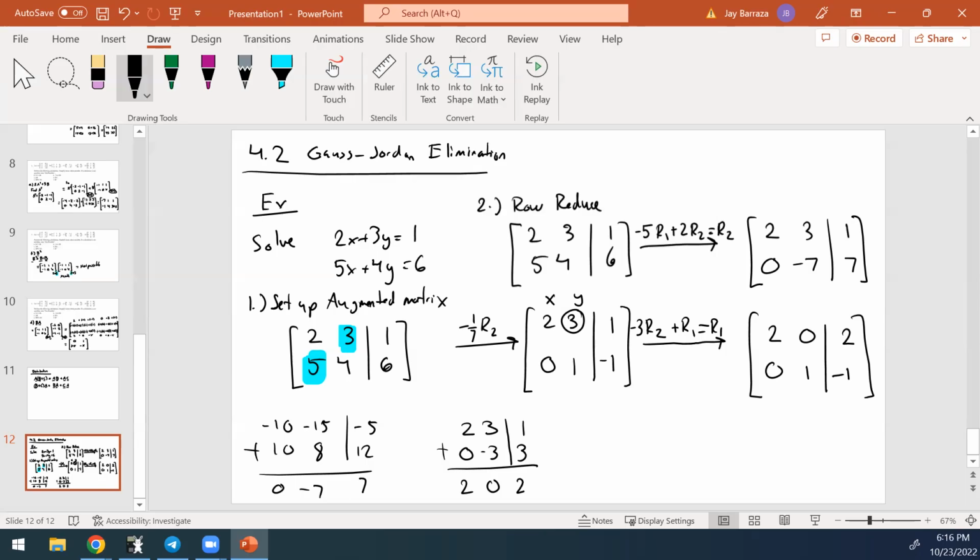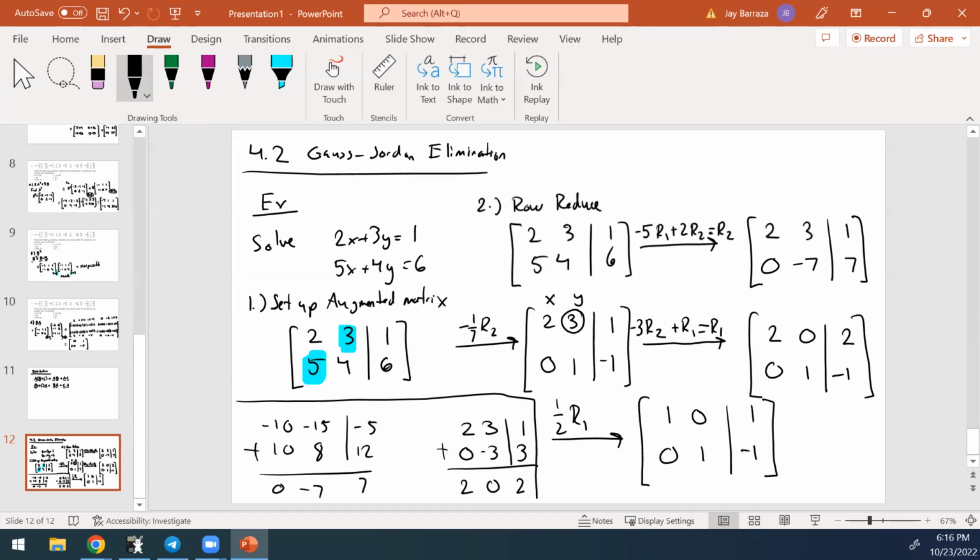And then from there, let's put this in a little box. We're going to multiply the top row by 1/2. And we're going to get 1, 0, 1, 0, 1, -1. And so what this tells us is our answer is x equals 1, y equals -1. Right? Does everyone see that?